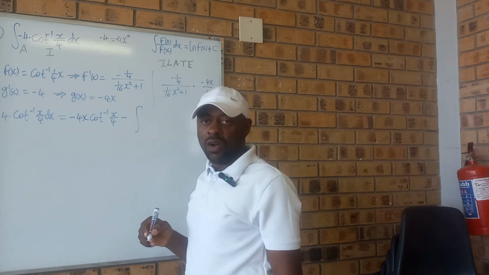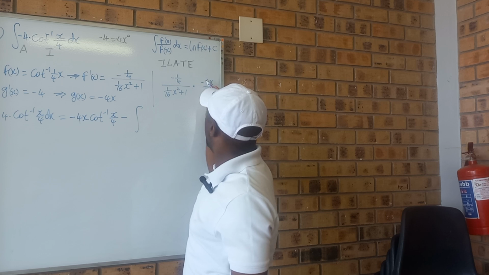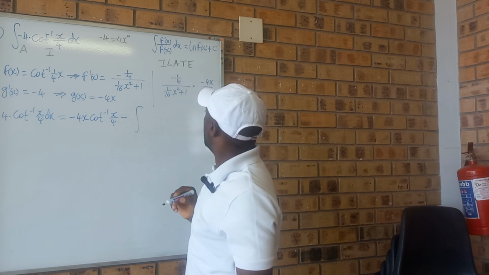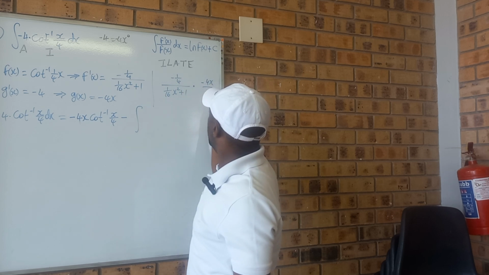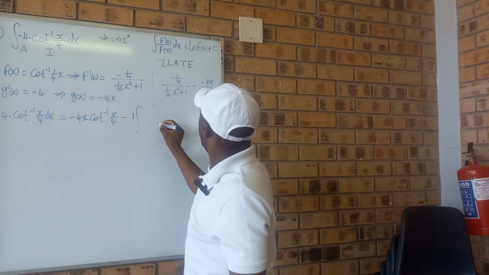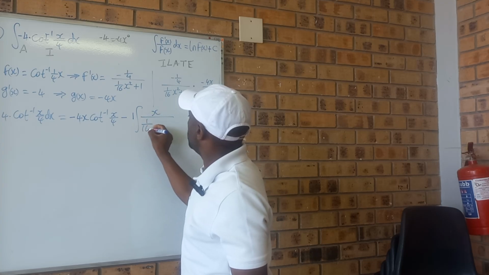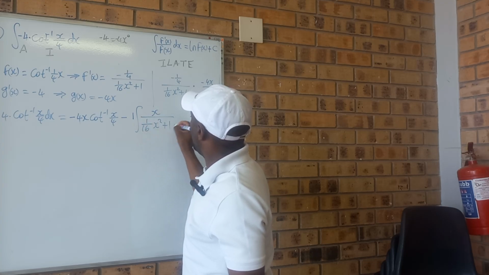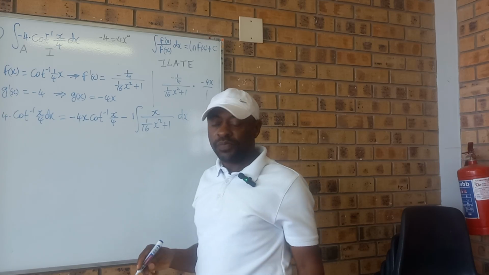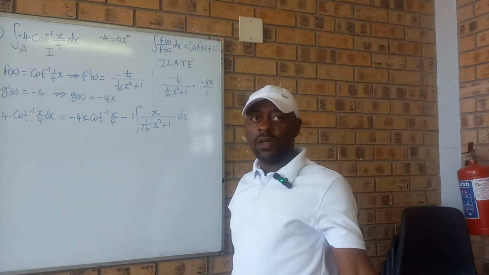So if you are now multiplying them out, you will see that negative 4 and negative 1 over 4 will give me positive 1. So they will cancel one another. So the only constant going out is 1. Then we are left with x on 1 on 16 x squared plus 1 dx. So that is basically our problem.